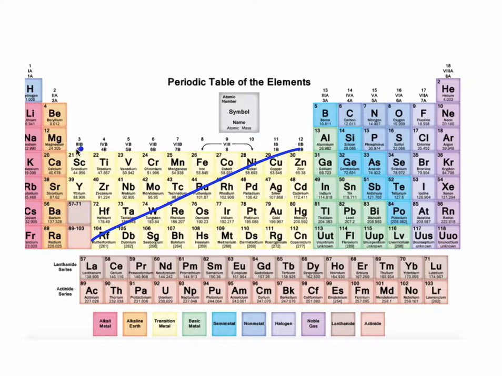We're not going to worry about the transition metals right now. We're going to see that as you move from valence electrons that are S1, S2 to S2P1, S2P2, S2P3, S2P4, S2P5, S2P6, we increase numerically in the number of valence electrons.